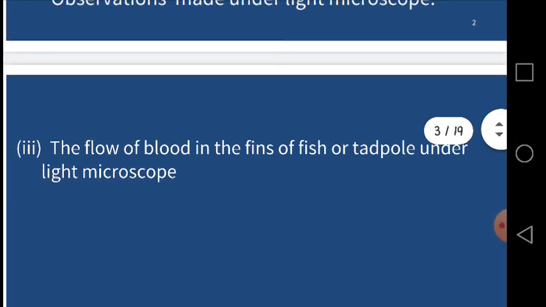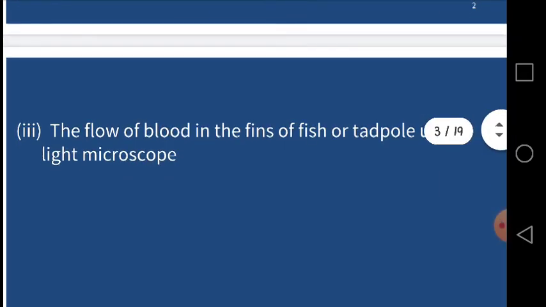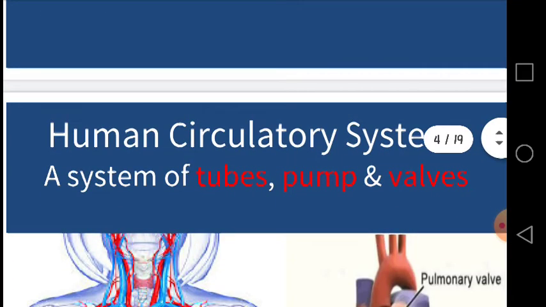Thirdly, we will try to understand the flow of the blood in the fins of the fish or tadpole, how the blood flows in the capillaries, and observe it under the light microscope.